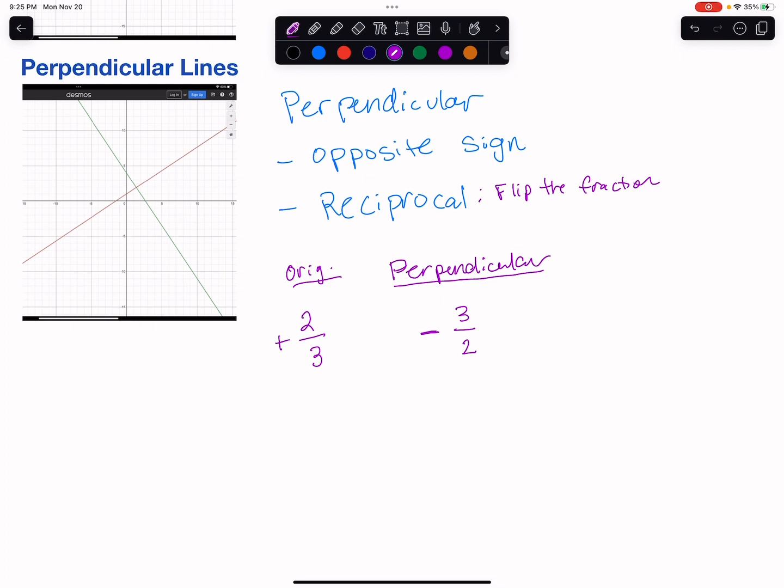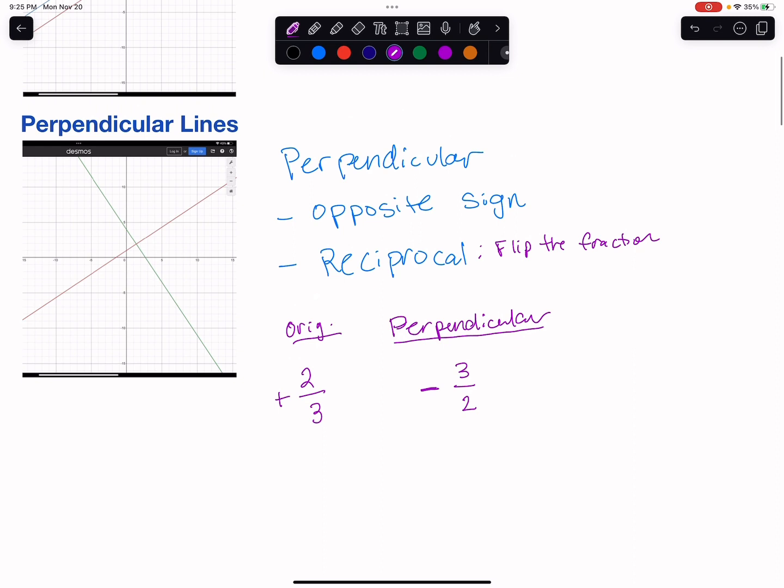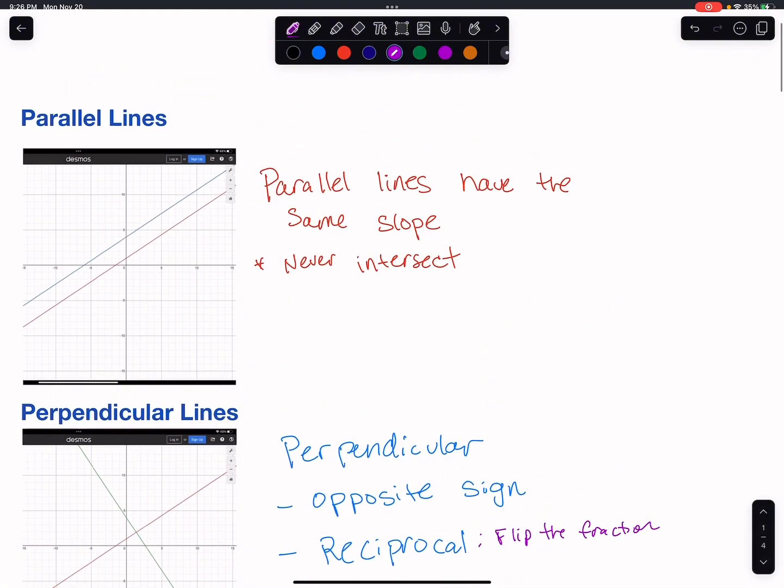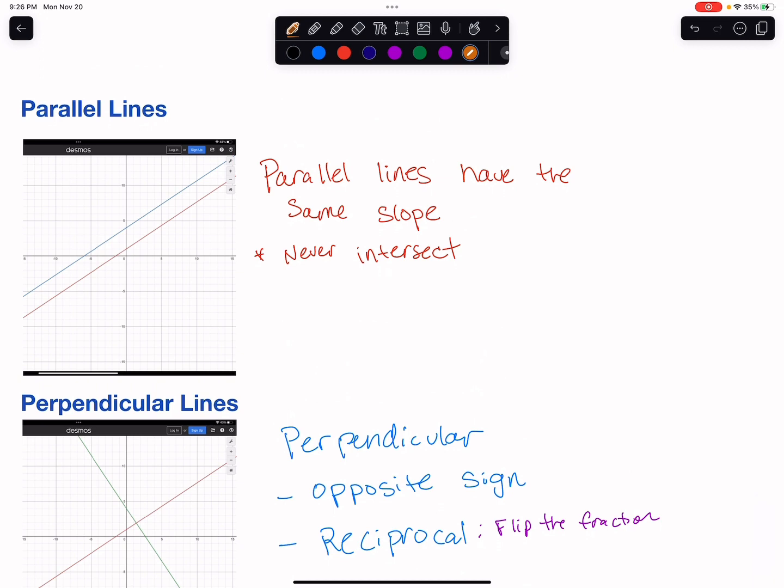By the way, it is good to note the symbols. Oftentimes I won't write the words perpendicular and parallel, I'll use symbols. So let's go back up here to parallel. The symbol for parallel is just two lines straight up and down like that.